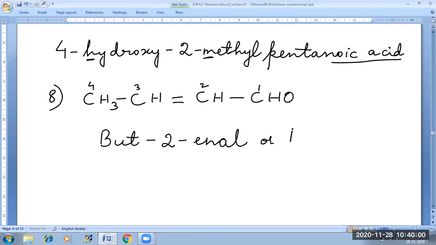Some books also write it like this. Right? It's by default understood. I told you last time that 1 is there. Al is not a substituent, right? Al is a suffix, it is the principal functional group. Yes sir.